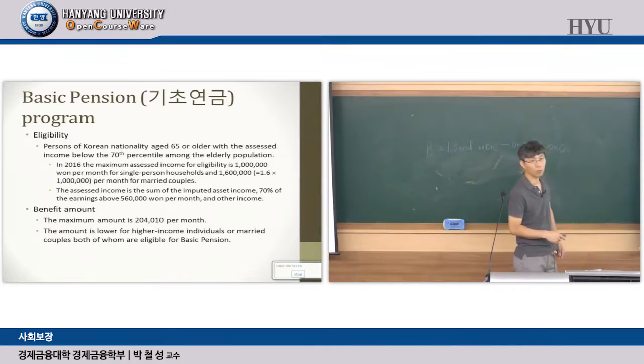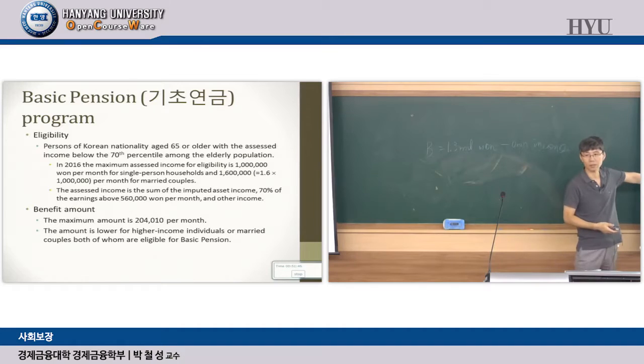And the amount is lower if the person has a higher income, or for married couples, both of whom are eligible for basic pension. So let's say one elderly couple, each of the couple is eligible, but they don't get the sum of two, they will actually get a reduced amount.